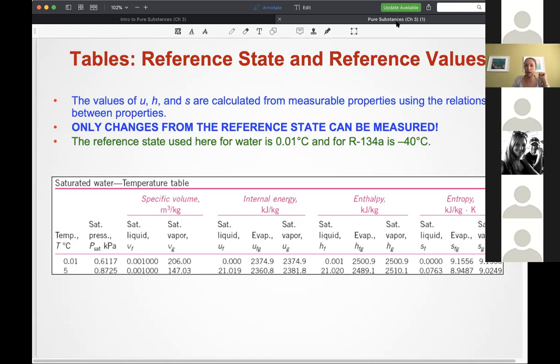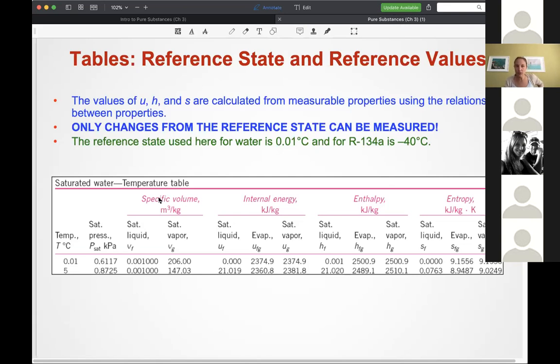All right. So moving on. Oh, there's one thing I want to note. These tables have all been generated by scientists over the years, and these have been calculated in labs, and they are calculated based on the change from reference state.